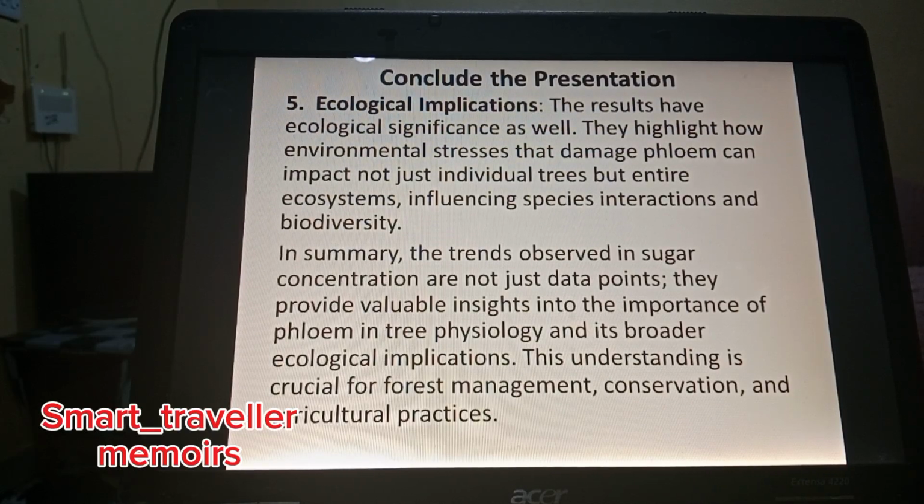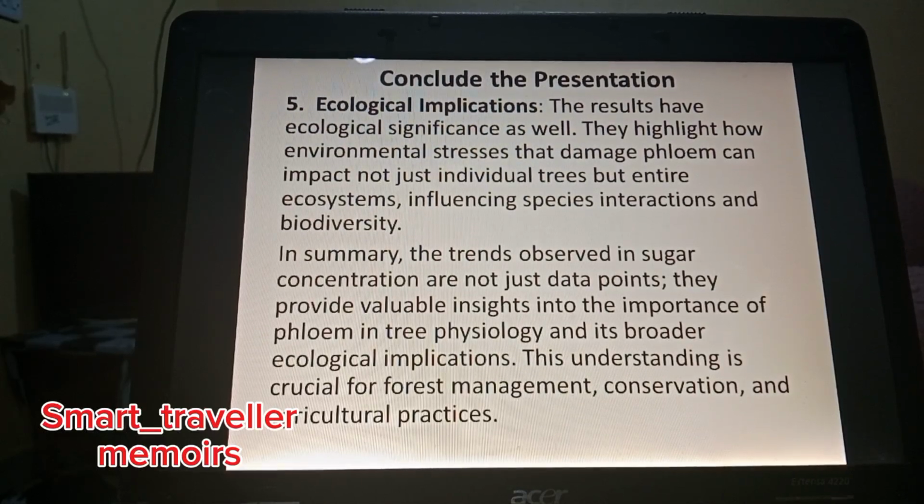They highlight how environmental stresses that damage phloem can impact not just individual trees, but entire ecosystems, influencing species interaction and biodiversity. In summary, the trends observed in sugar concentration are not just data points, they provide valuable insight into the importance of phloem in tree physiology and its broader ecological implication. This understanding is crucial for forest management, conservation, and agricultural practices.